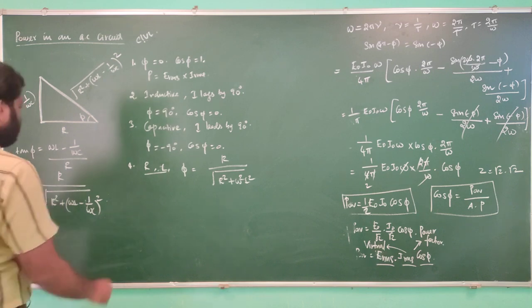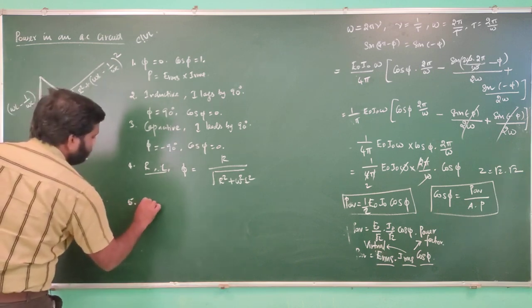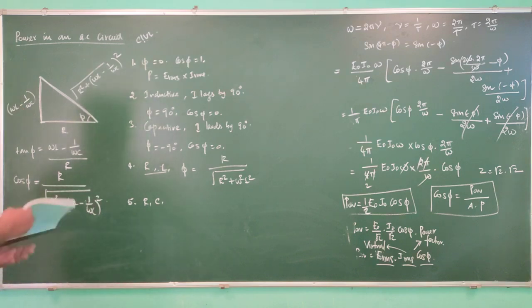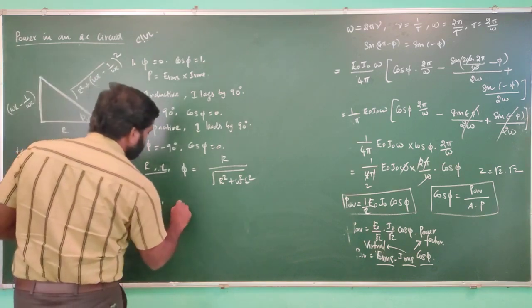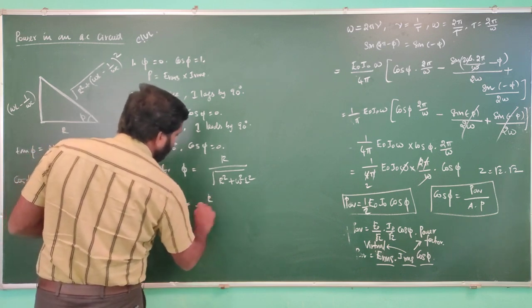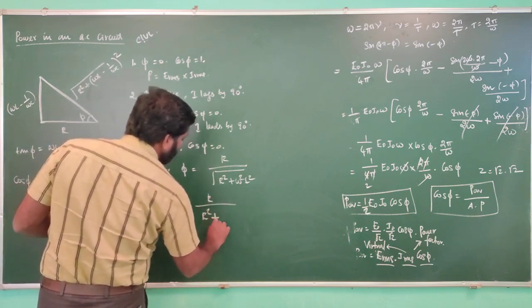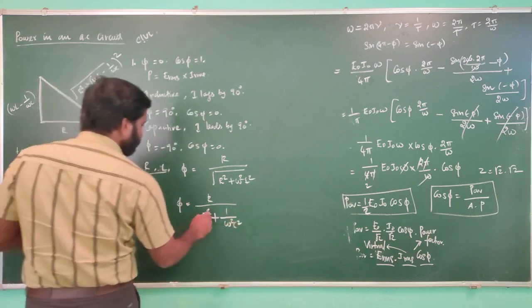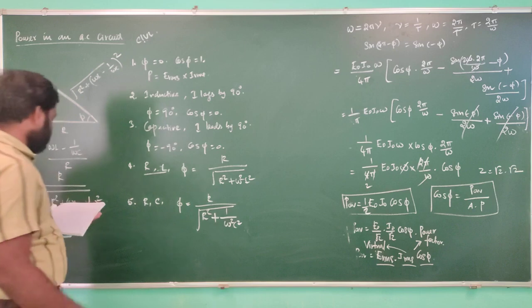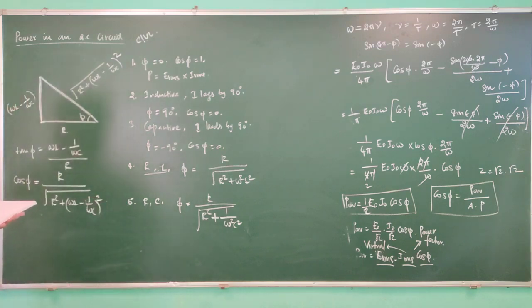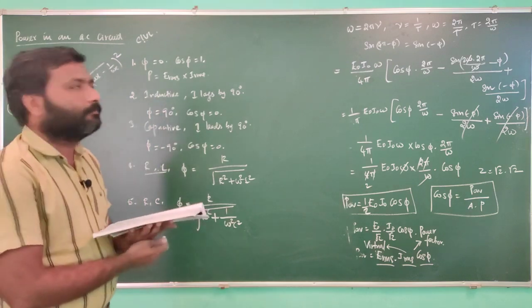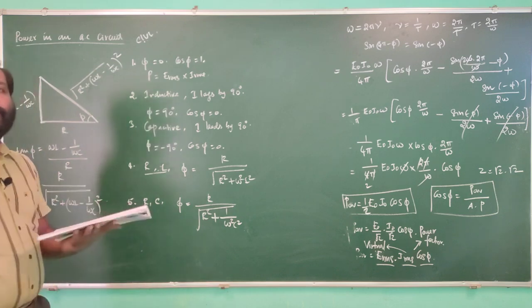If it is the case of resistor and capacitor in series, then cos phi is equal to R by square root of R square plus 1 by omega square C square. So these are different cases for phi in a circuit in different situations, right?